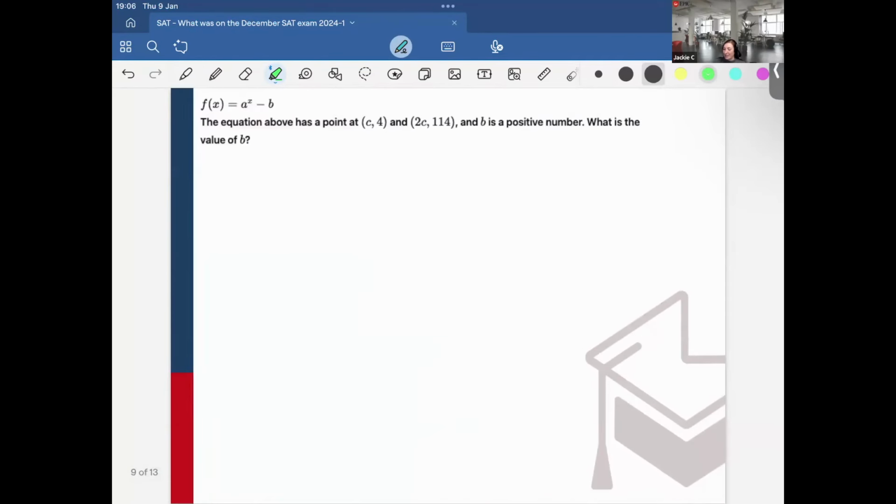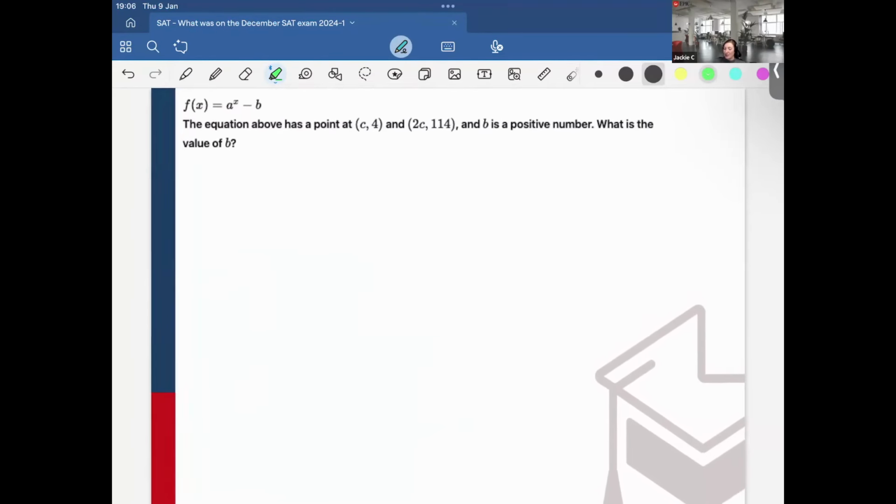Okay, continuing our journey. Here we're given a function. The equation above has points (c, 4) and (2c, 114), which means that f of x would correlate to the y value. So I can plug this in. 4 is equal to a to the c minus b.